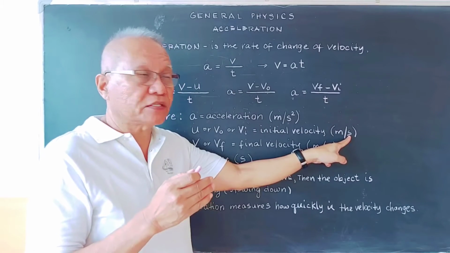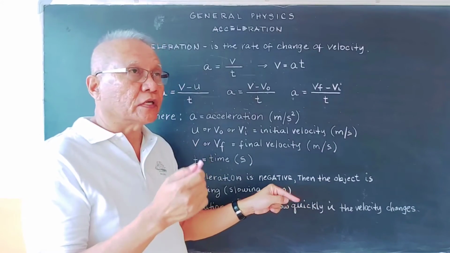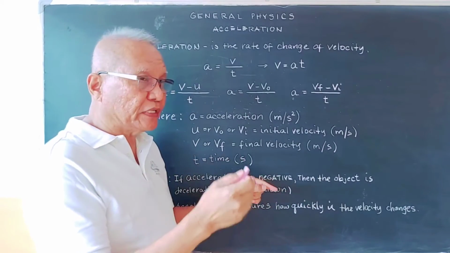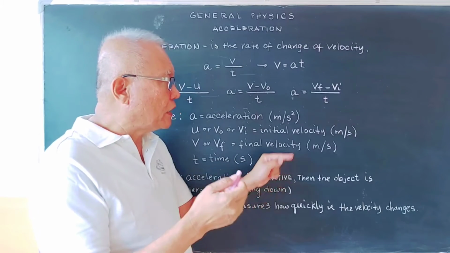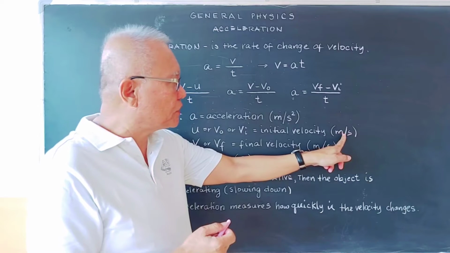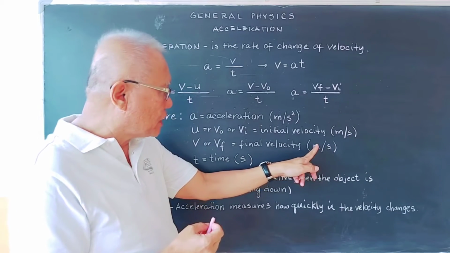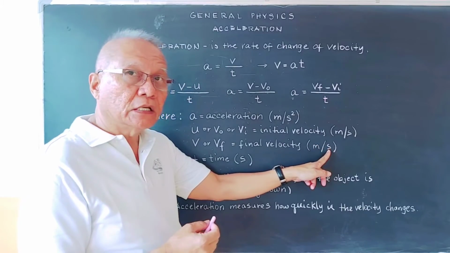That one is the MKS system. We can have kilometers per hour. We can have meter per minute, meter per hour. But the usual way is MKS, meter per second. Final or initial also is meter per second.